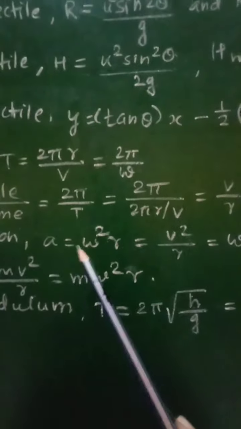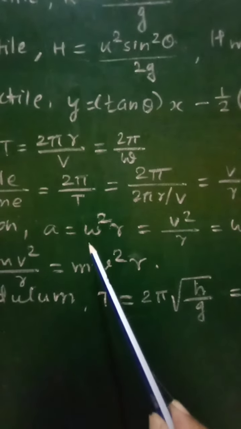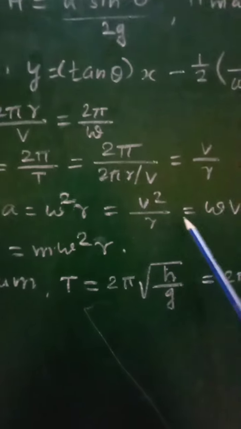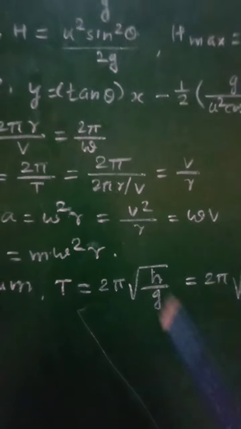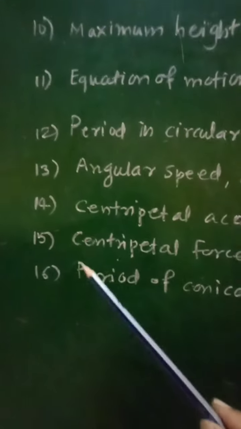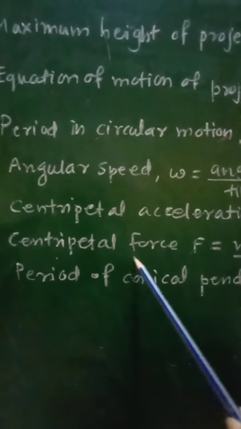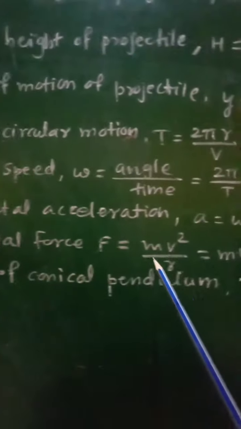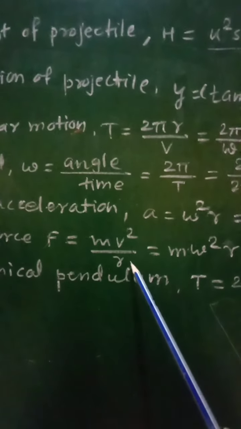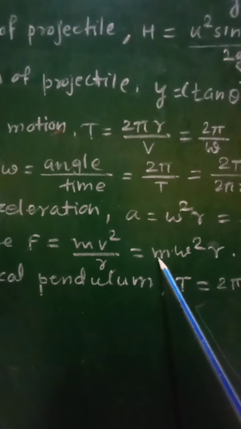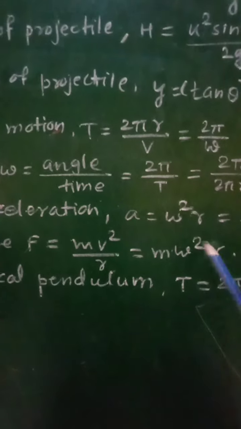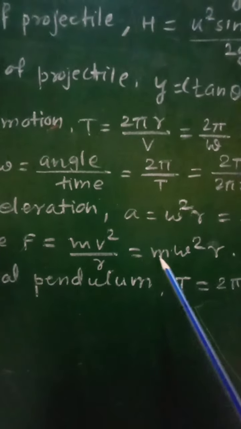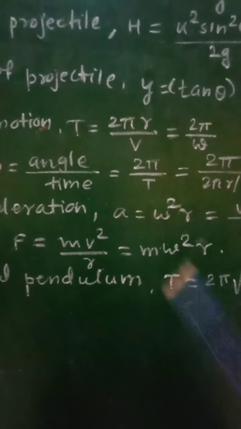And therefore a is equal to omega square r equal to v square by r equal to omega v. Then the 15th formula gives the centripetal force F. Centripetal force F is equal to m v square upon r, or m omega square r.